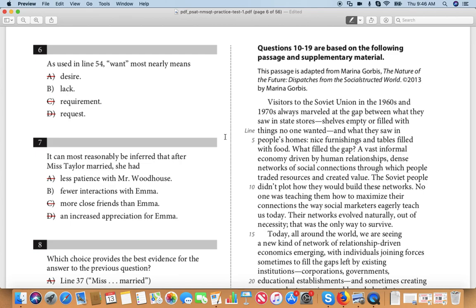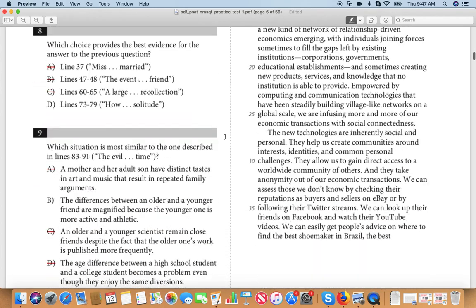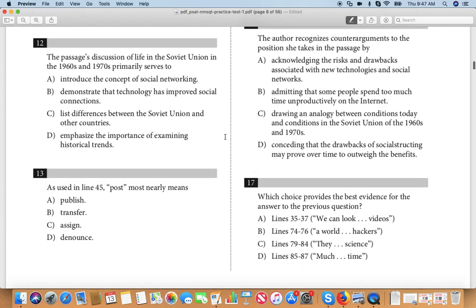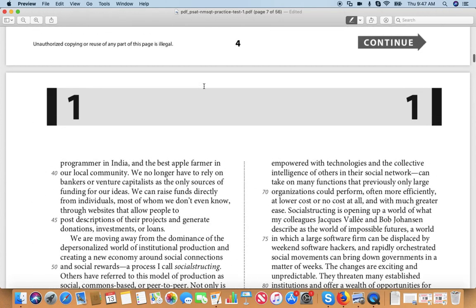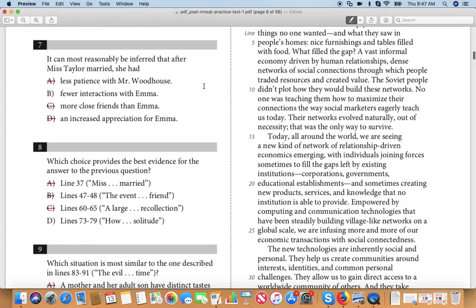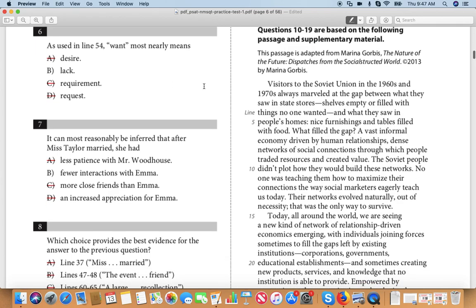We're talking about social connections and social networks, but this is specifically a question about technology improving social connections. Do you see any evidence in that paragraph of technology improving social connections? No, I don't see it either.